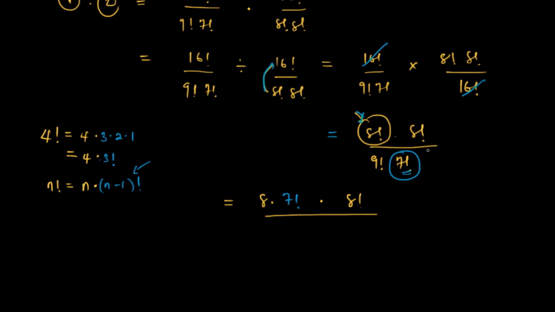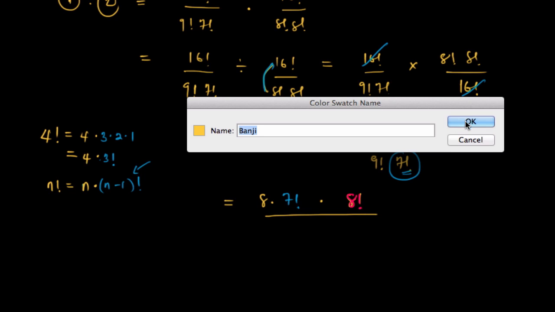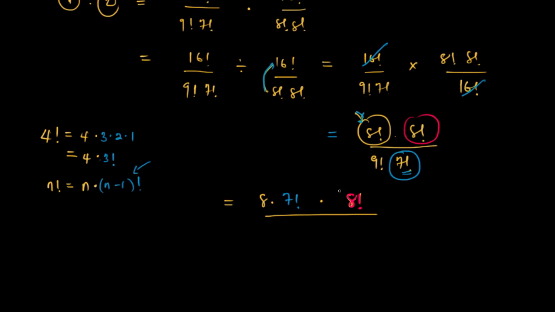Using the same formula, this is 9 times 8 factorial, then the 7 we have here is still 7 factorial.